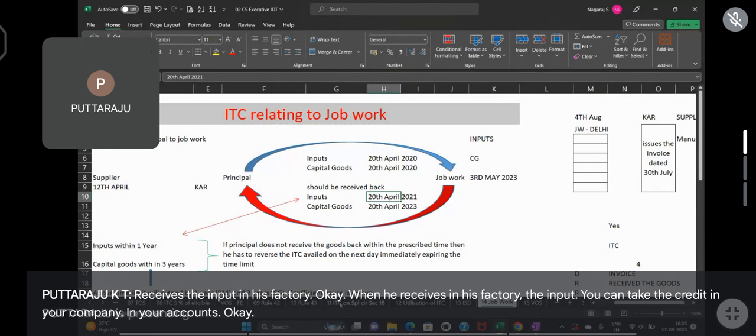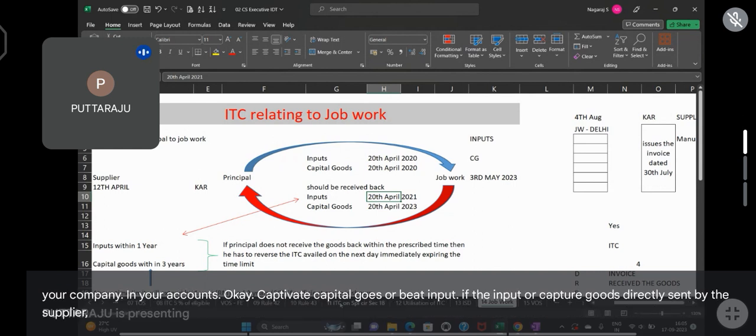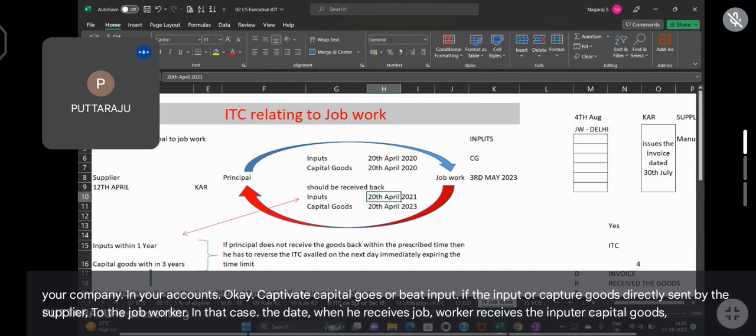Okay, be it capital goods or be it input. If the input or capital goods directly sent by the supplier to the job worker, in that case, the date when job worker receives the input or capital goods, you can avail the credit.